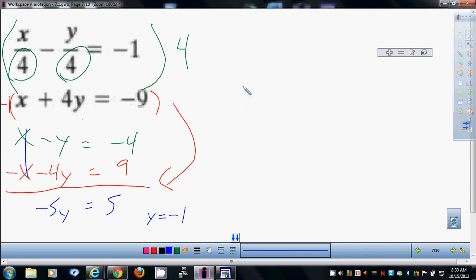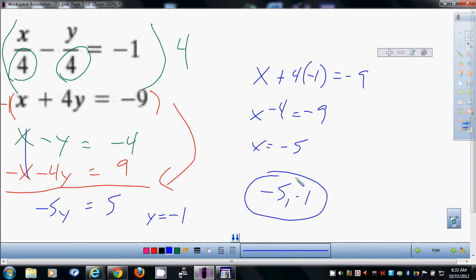Come back up here and plug it in. I'll plug it into the bottom one. x plus 4 times negative 1 equals negative 9. Add the 4, and you should get negative 5. So negative 5, negative 1 is your solution.